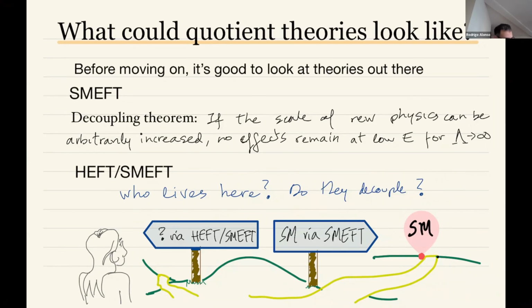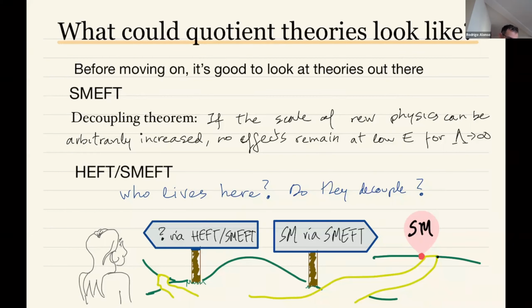So I'll try to depict this in this childish drawing. We do know that if we take the standard model EFT road, there's a road that leads to the standard model, which is as simple as taking the cutoff to infinity, and all effects disappear.